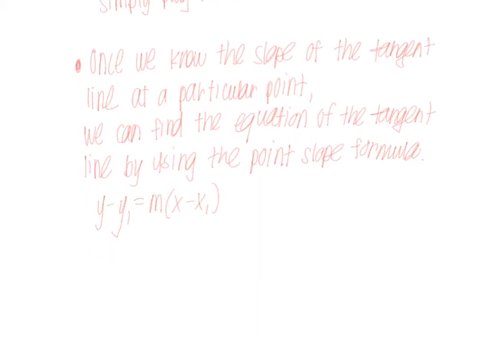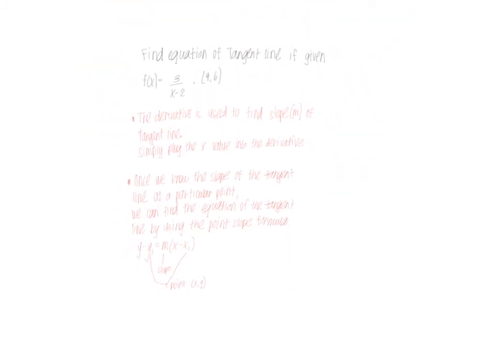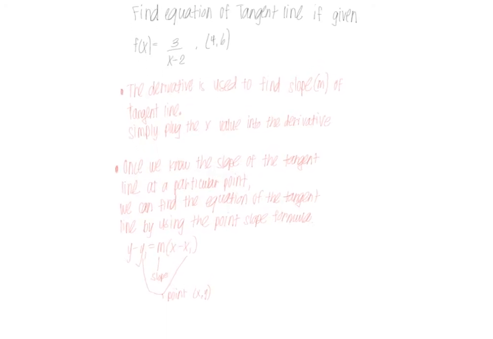And all you'll have to do is plug in your slope and your point into that formula. And again, you're going to be doing this all semester long. All these steps stay the same throughout the semester.